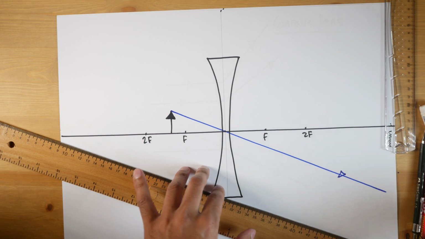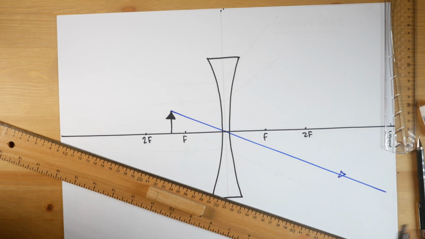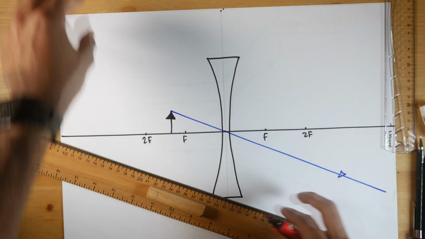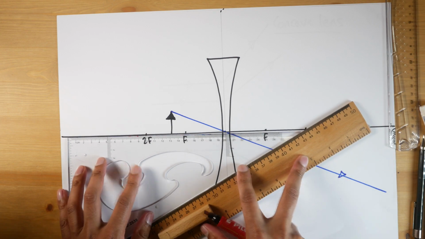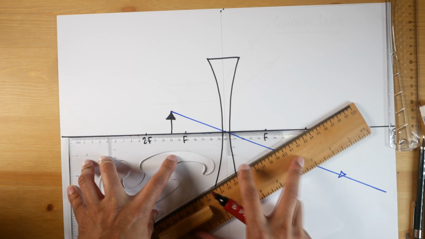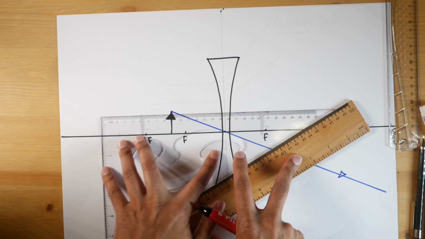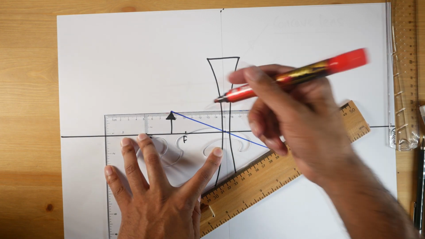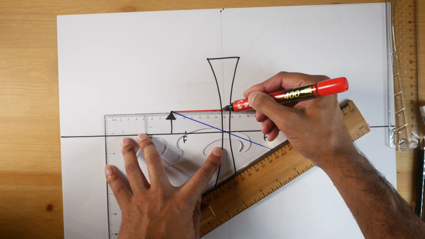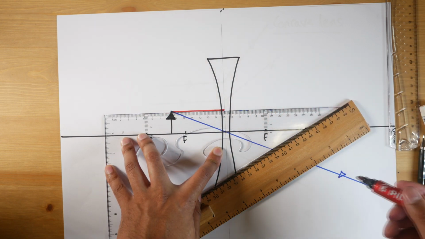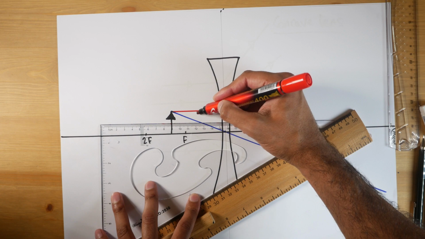Okay. The next line is going to be going parallel to the optical axis. Okay, so the optical axis is here, like so. I'm going to put that ruler there, and I'm just going to slide it all the way across over here. So it's going parallel to the optical axis to the middle of the lens, like so.